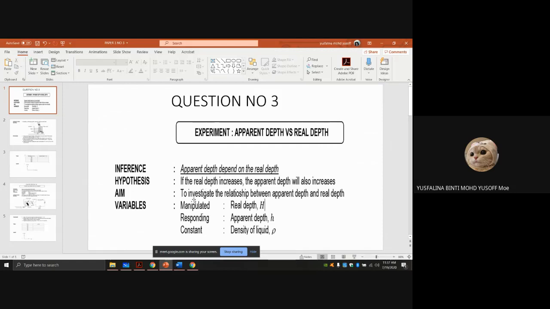Make sure that all the variables you use, you can measure, meaning there is an instrument we can use to measure. The real depth, you can measure using the meter ruler, and the density, you can find by mass divided by volume. So make sure you can calculate or measure using an instrument.